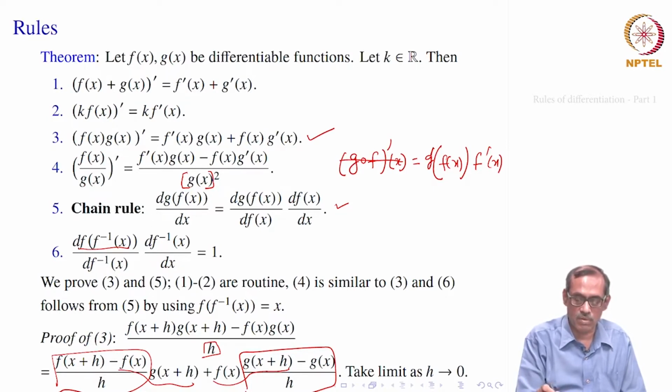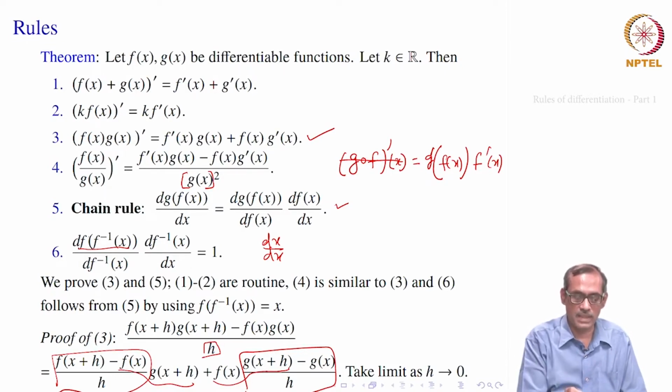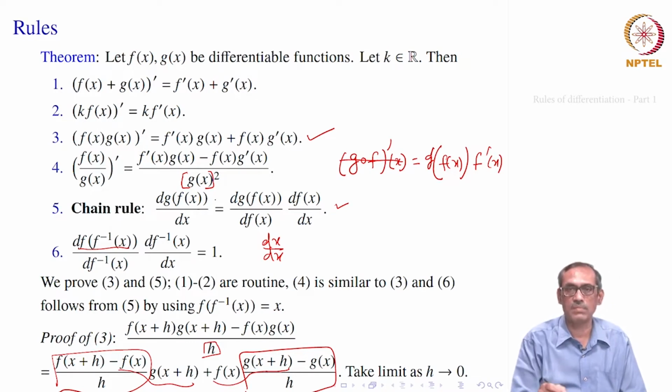So, because of the chain rule, look at the right side: it is df of f inverse by d of f inverse, d of f inverse by dx. So, it is really dx by dx, and that is equal to 1. So, 6 comes out of 5 by taking it in this particular fashion, or sometimes we write it in the other way, d f inverse of f x divided by df x into f prime x, that is also okay. But this formula is used to find out the derivative of f inverse. We will see soon how it is applied, but it is coming out of the chain rule.